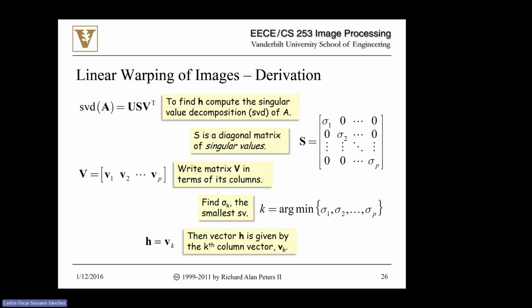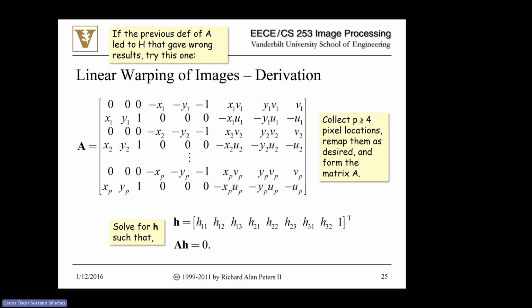You look for the minimum value among those values. Let's say the smallest is the second one. The second one will have an associated p vector in this decomposition, so the H that we are looking for is p2. That is a handy tool to solve this kind of equation system. When you have AH equals 0, you can solve it in this way.